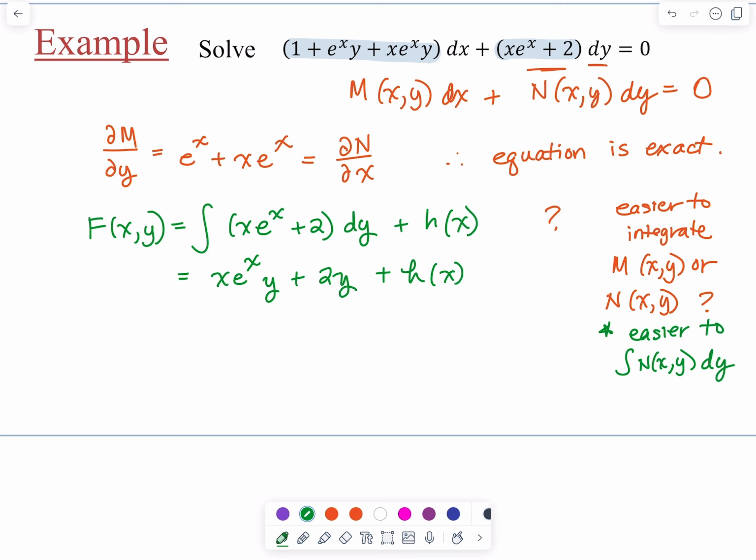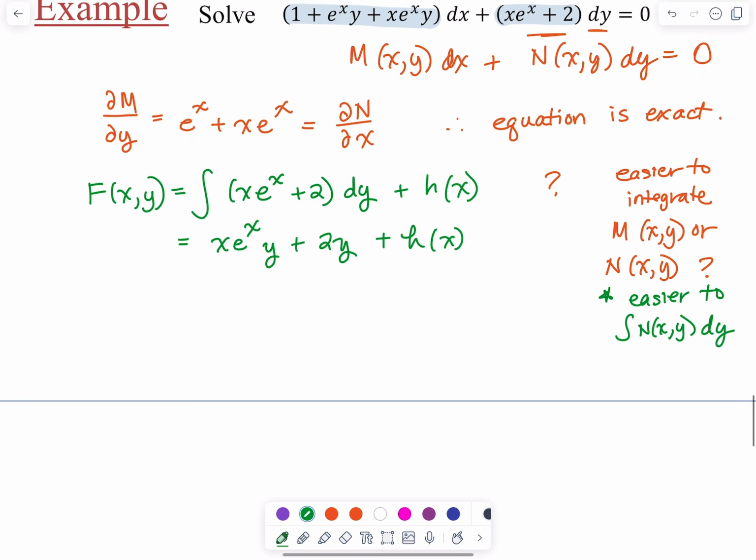And now we will take the partial derivative with respect to x and substitute for M. So let's take the partial derivative with respect to x of f, and we're going to set that equal to M this time.